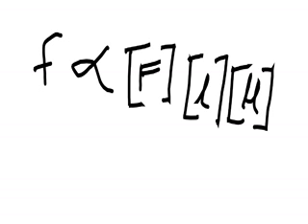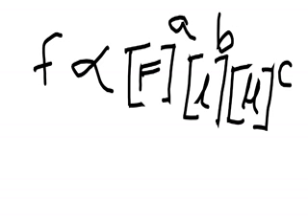We need to put some powers, suppose A, B, and C. We do not know the values of A, B, and C; they are totally unknown variables. We put power A on the force, power B on the length, and power C on mass per unit length.